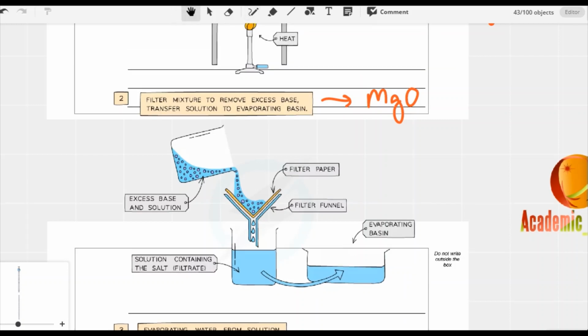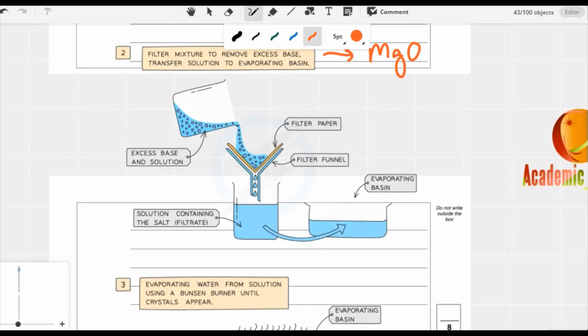So it means now we need to filter that solution. After the filtration, there will be the filtrate and the residue that are going to be separated.